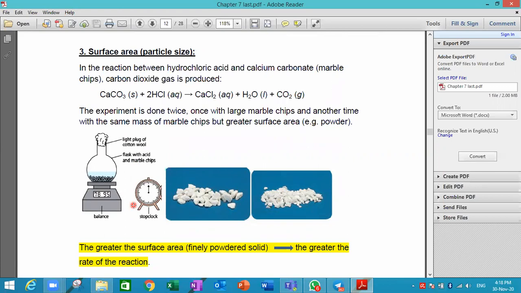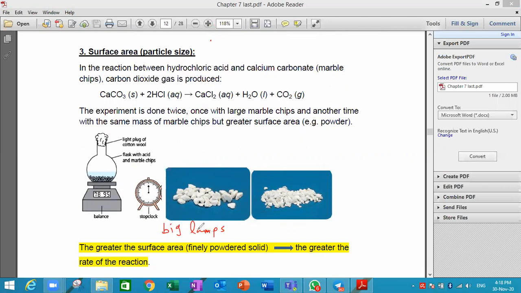Marble chips of calcium carbonate means big lumps, large pieces of calcium carbonate. We are going to use these lumps once, and then repeat the experiment, but by crushing and using small pieces.